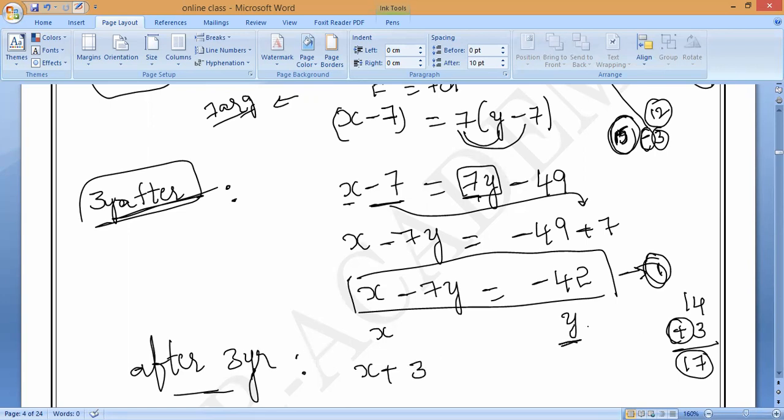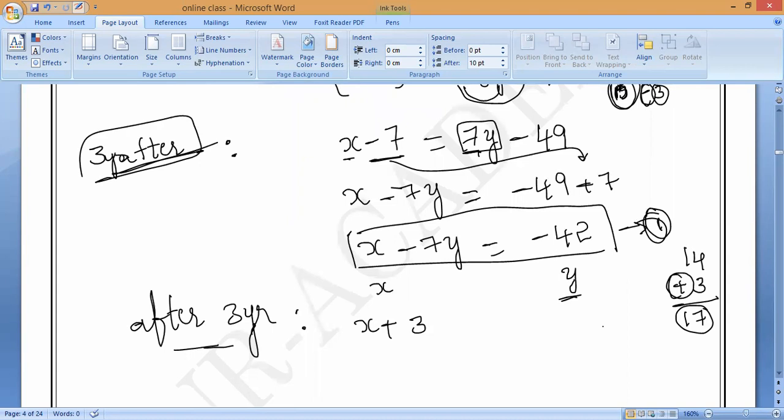And what is the daughter's age? y plus 3, correct? Do you understand? Present ages of father and daughter are x and y respectively. After 3 years, father is present age plus 3, daughter is present age of daughter plus 3 years. Any doubt?